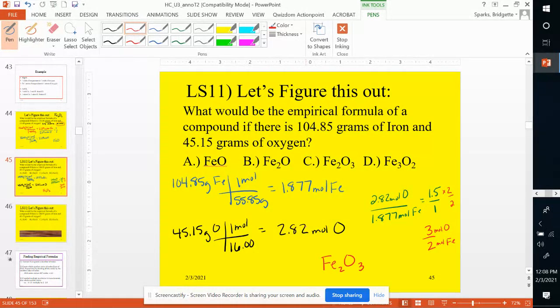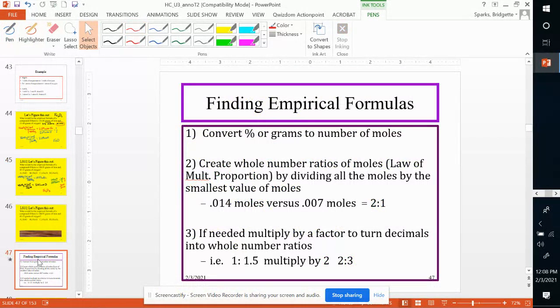So if we review those steps, we can see that the first order of business is to convert our grams into moles. After we've converted to moles, we create a whole number ratio by dividing the moles by the smallest value.